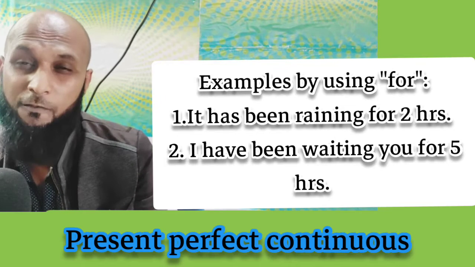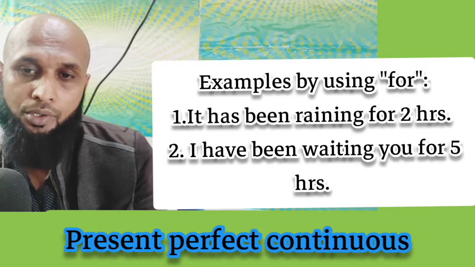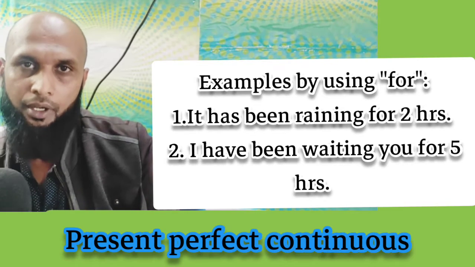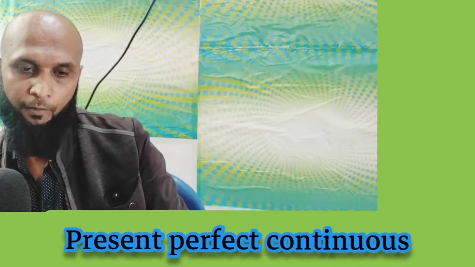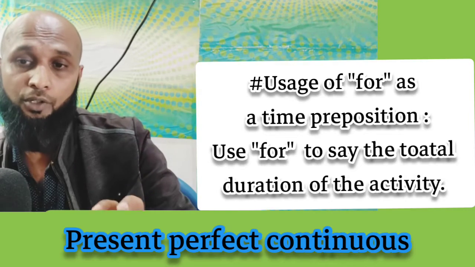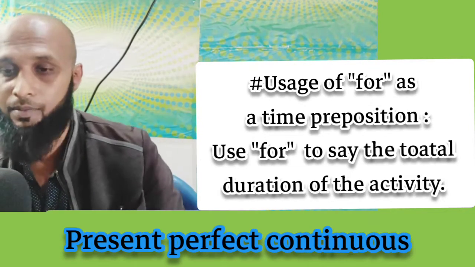So here the word for is a preposition and you are using it to talk about the total length or the duration of the activity. I have been waiting for you for 4 hours. So it's the total duration of it that you are mentioning in this statement.